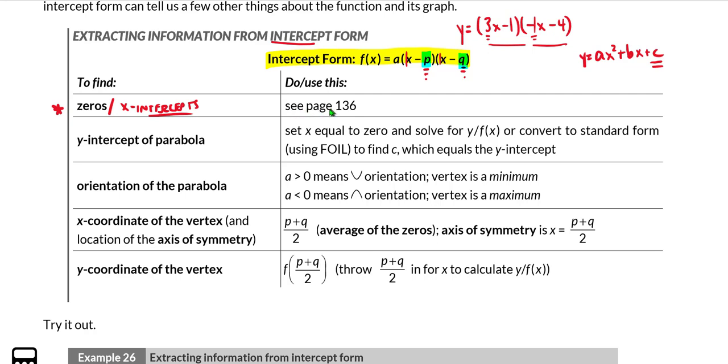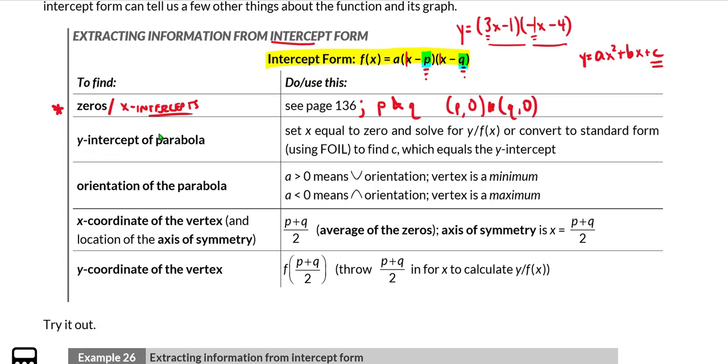I do write here, see page 136 for the ways that we can extract the zeros from intercept form, but do keep in mind that if a quadratic is given in intercept form, then p and q are the x-intercepts. In other words, the points p comma 0 and q comma 0 are your x-intercepts.